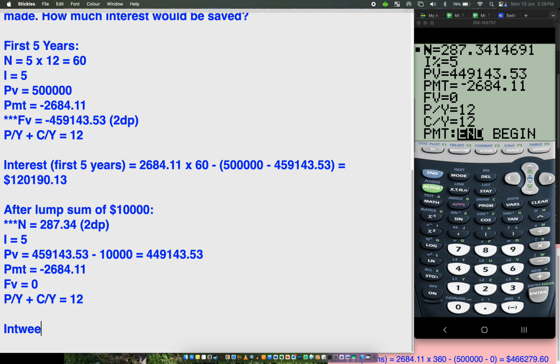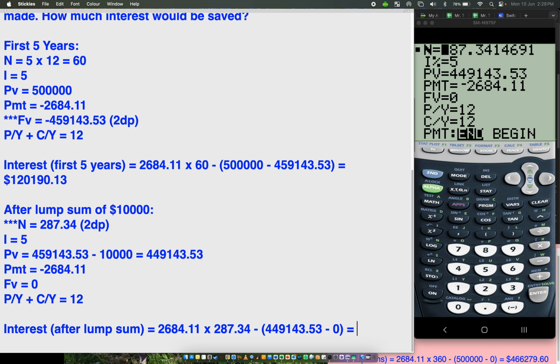So the interest after the lump sum is equal to the $2,684.11 payments paid 287.34 times. Take away, what did I pay off at the end? 449,143.53, and I got that down to 0, so take nothing.